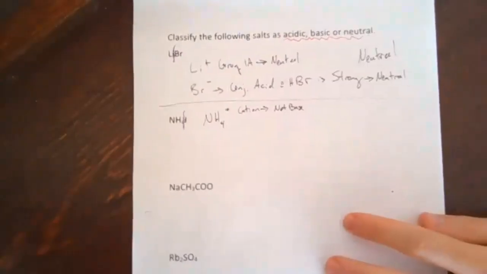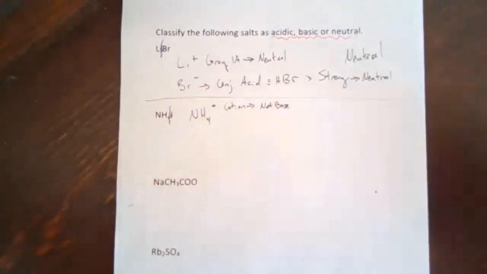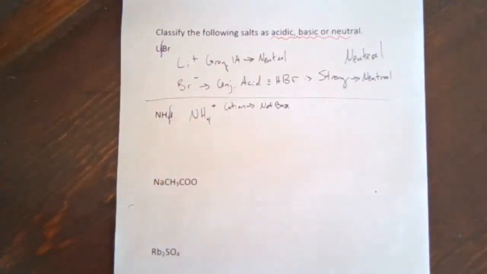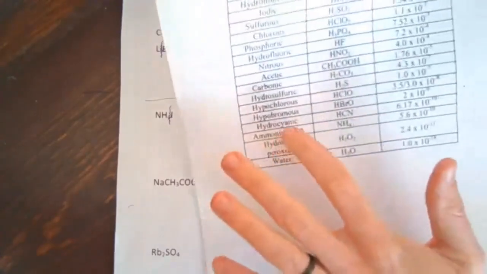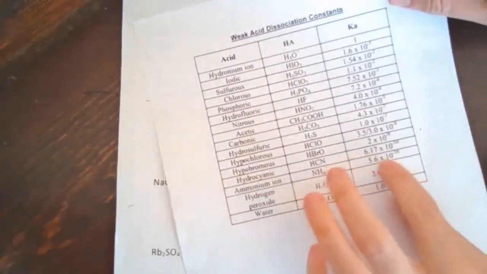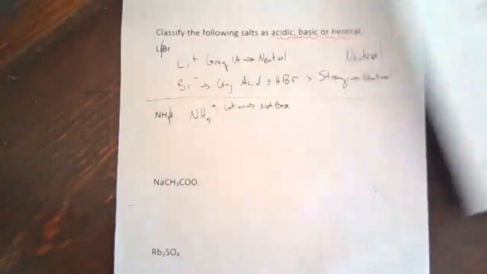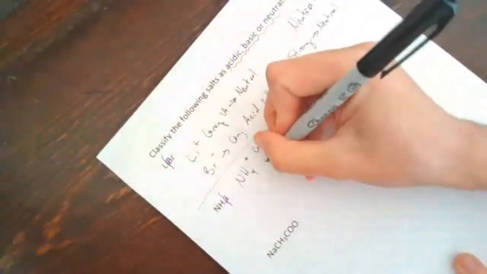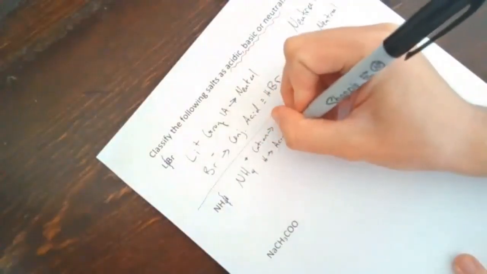Well, NH4 plus has hydrogens, and so we would think that's maybe an acid. And actually, ammonium ions, we can see if we look on the weak acid chart, NH4 plus, that's 5.6 times 10 to the negative 10. It's a pretty weak acid, but the H's lead to this thing being an acid.